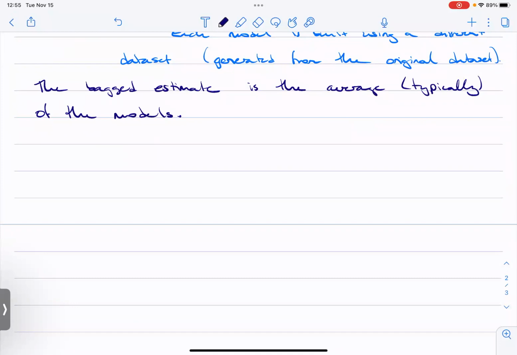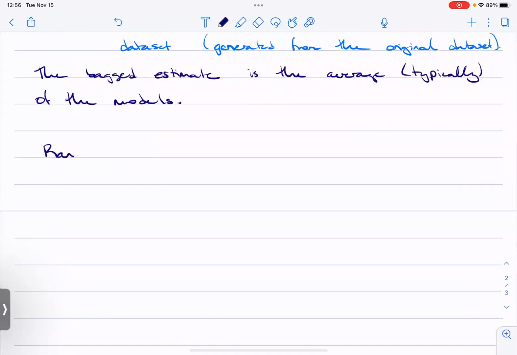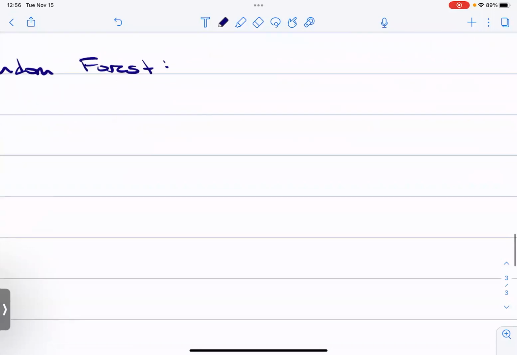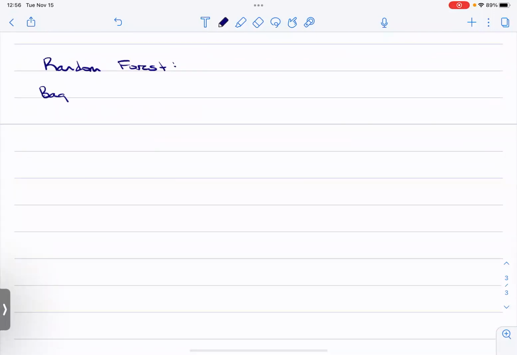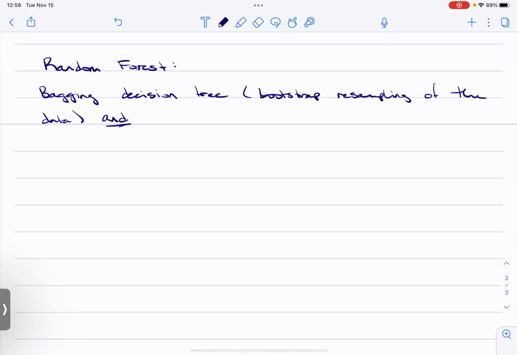And so the random forest is a bagging decision tree, which means it uses bootstrap samples, or resampling, of the data, and it randomly samples the predictors.